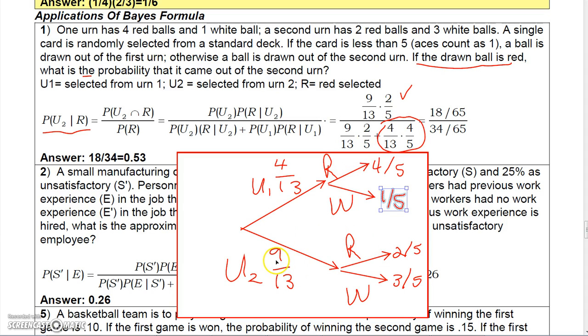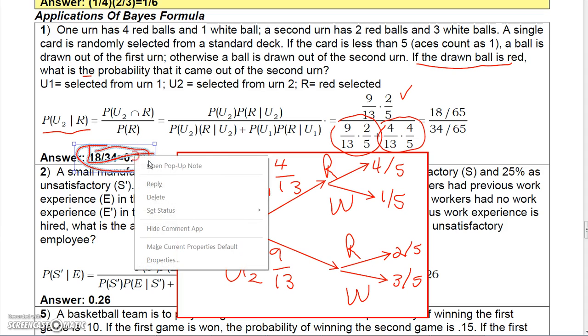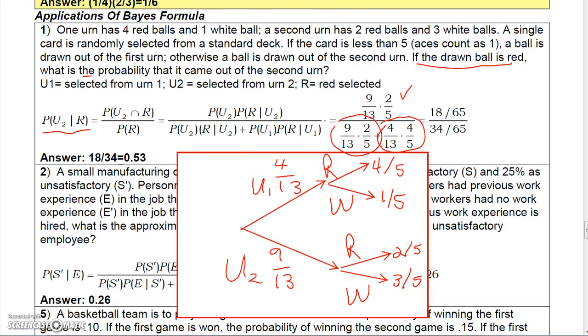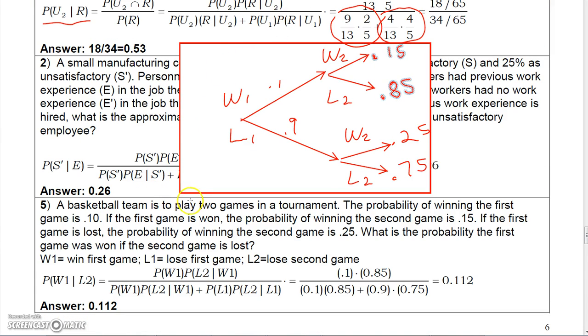The other path, 9/13 times 2/5, is the other path to red, and then you add those two together. And so I get 18 out of 65 over 34 out of 65, which is 18 out of 34, or 0.53. Okay, so that's the answer to that one.